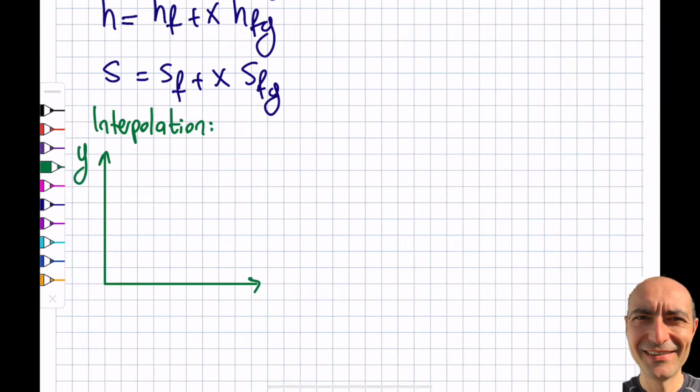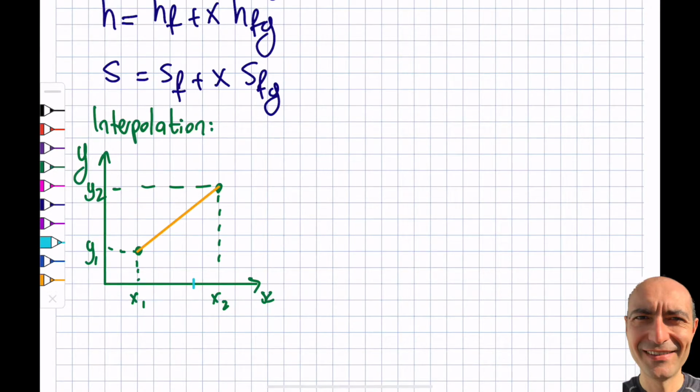Let's start with the mathematics. Let's say that I have a y-axis and x-axis, and let's say that I have 2 points over here. I want to generalize it. I want to call this x1, this x2, this y1, and this y2. The interpolation means that I simply draw a line like this, and then I obtain wherever I am at.